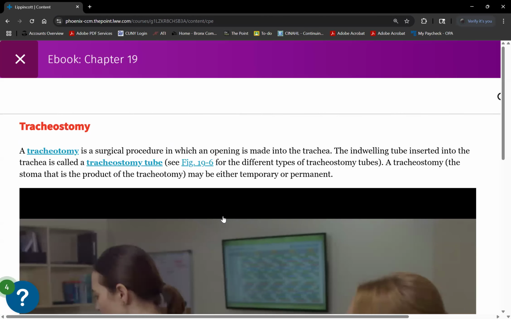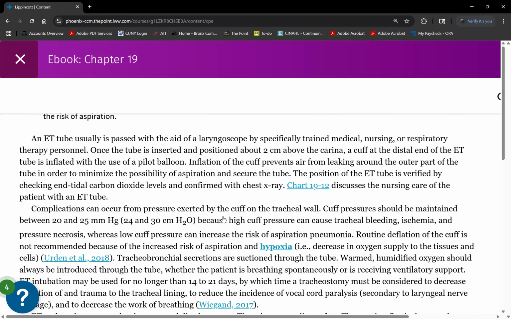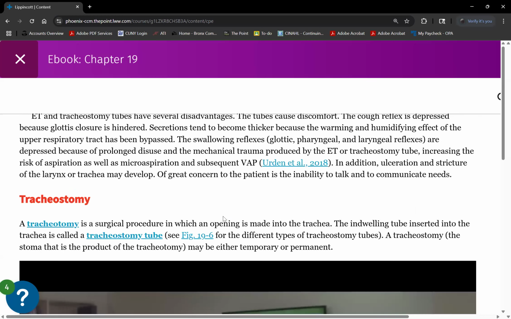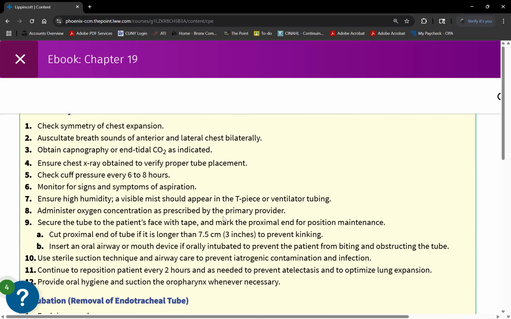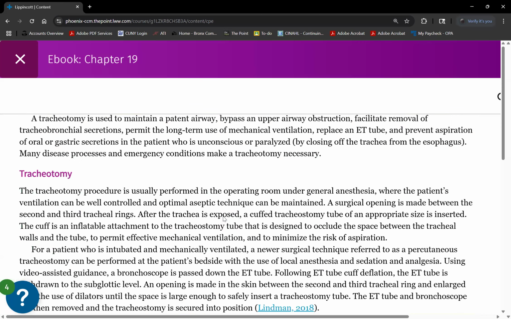We'll do mechanical ventilation and intubation for the final exam. So the last part is the ARDS.